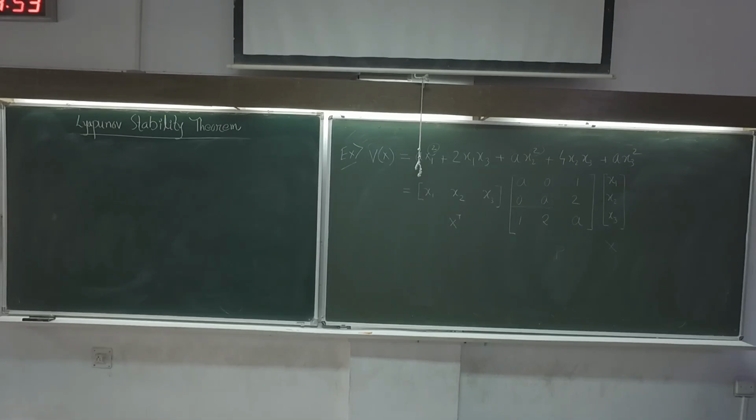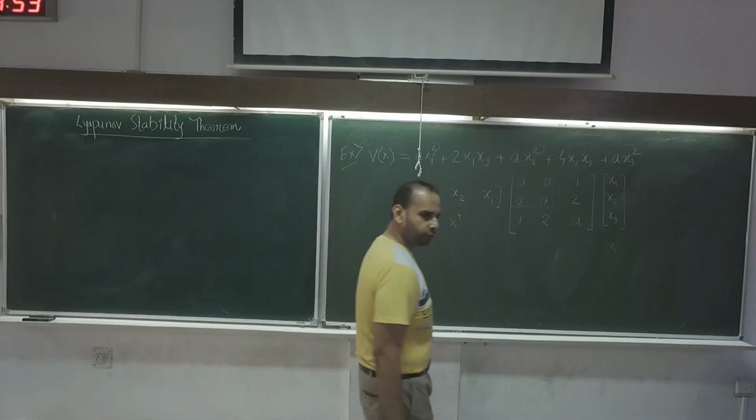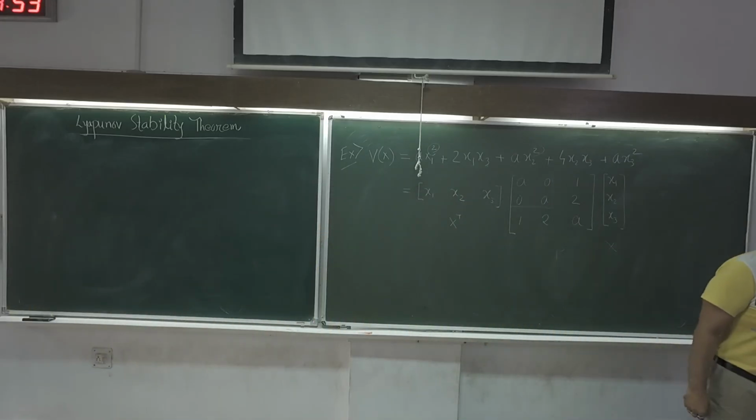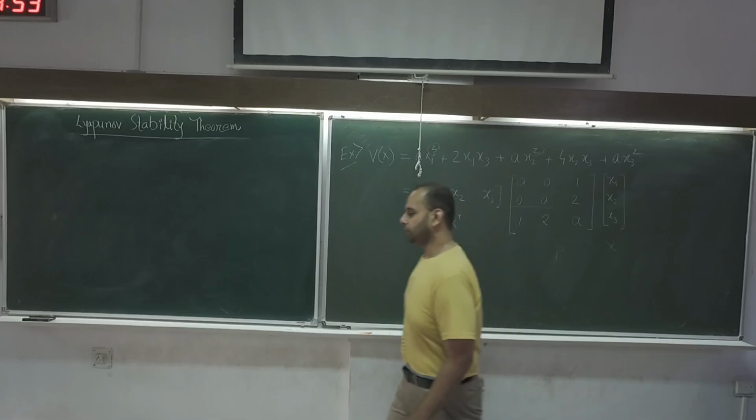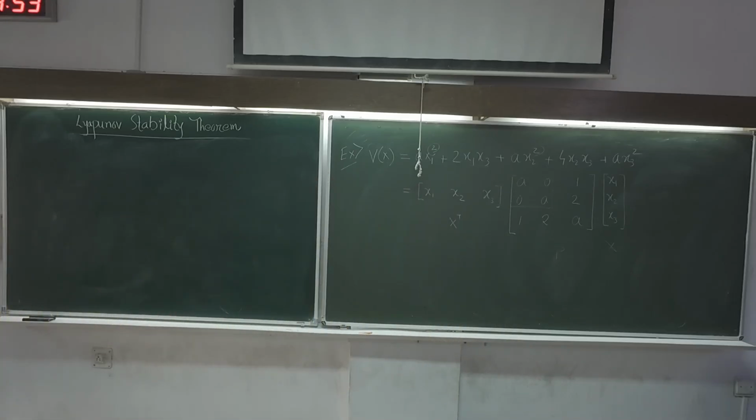So the supposition, especially I believe the first two lines, should remain the same, isn't it? What was the first line? f of x be a locally Lipschitz function over a domain. So here our system is x dot equals f of x.